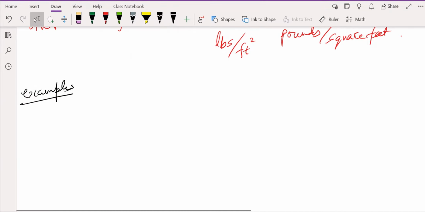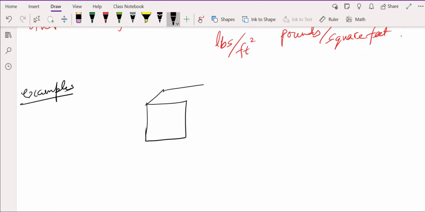Let's look at an example. Let's say I've got a box that has a mass of 50 kilograms. The mass of the box is 50 kilograms and it is resting on a table.